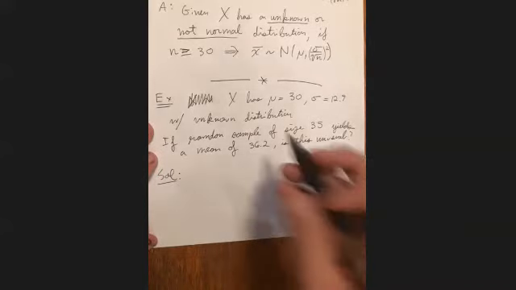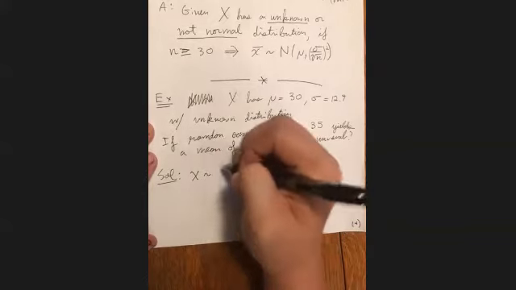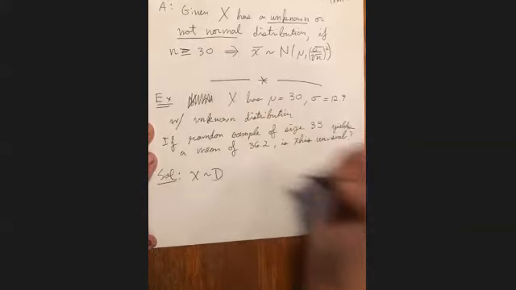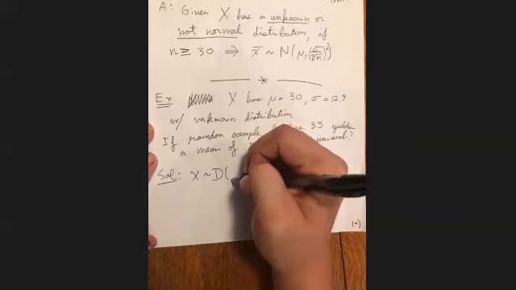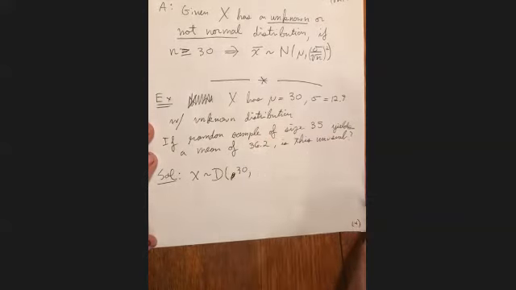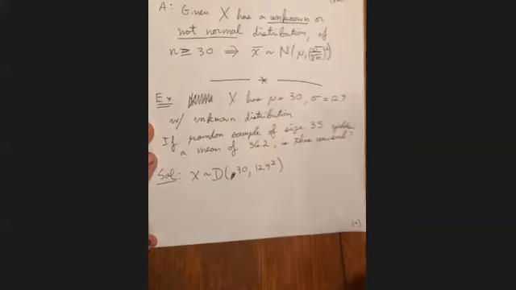So the way this works is X has some unknown distribution. I'm just going to put a D. It's distributed some sort of way, and it has a mean of 30 and a standard deviation of 12.9.